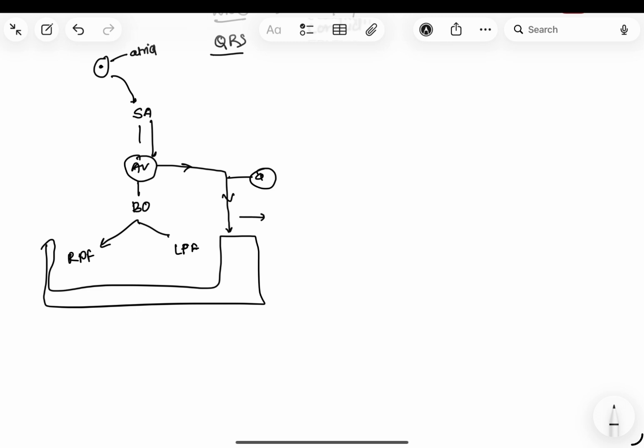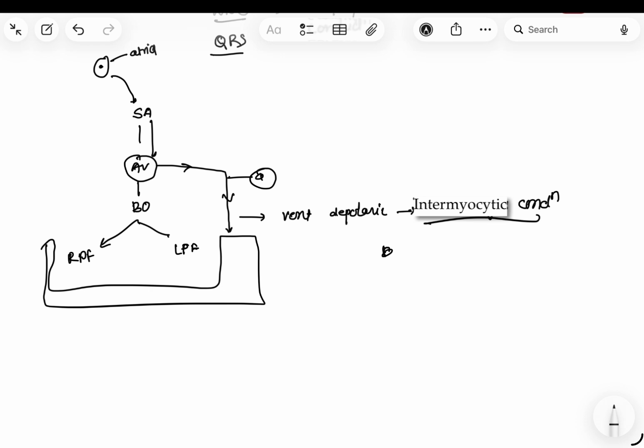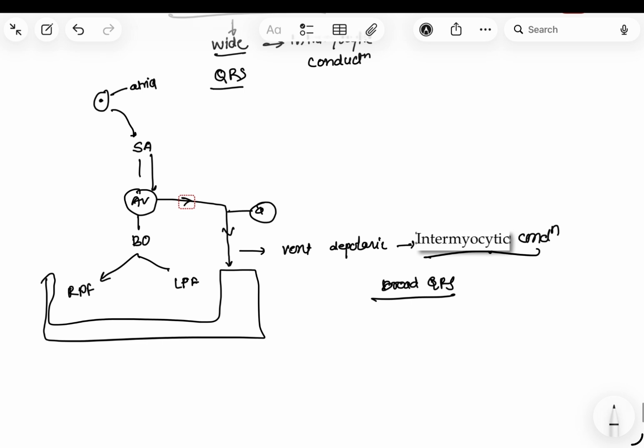So in this condition, the ventricle will depolarize through intramyocytic conduction, right? So what we will get? We will get a broad QRS complex.